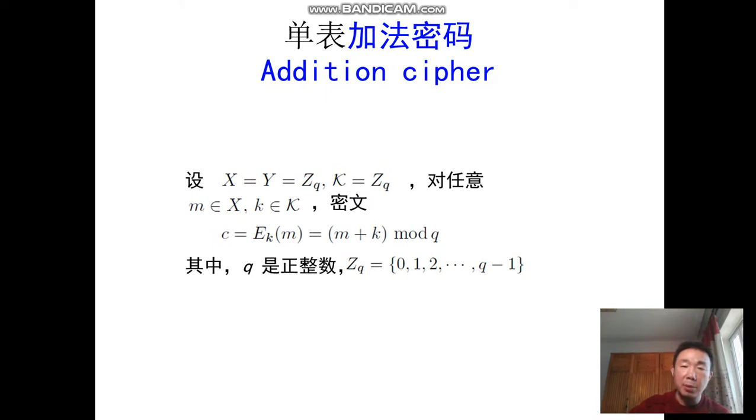Okay, some student answers that adding 2 and 3, we get 5. Yes, surely it's right. And then we ask another question. If we add 2 and 25, what do we get? 2 and 25?